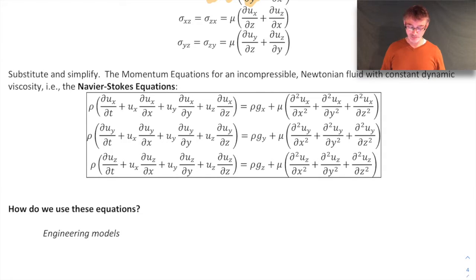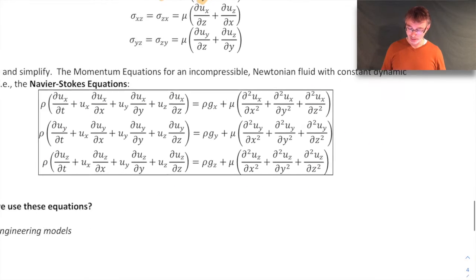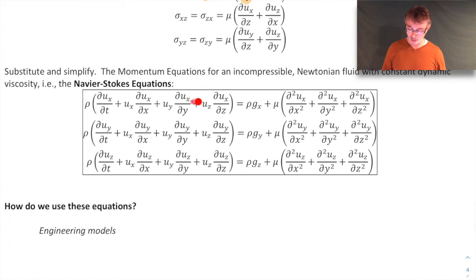I've assumed that the viscosity is constant, so it doesn't vary with any of the gradients. And when you do all that, you end up with what are known as the Navier-Stokes equations. And that's the set of equations here. Here's a Navier-Stokes equation in the x direction, in the y direction, and in the z direction. Okay, so the Navier-Stokes equations, again, are just the momentum equations for a Newtonian fluid, and in this case, I did it for an incompressible Newtonian fluid, one where the dynamic viscosity is a constant.